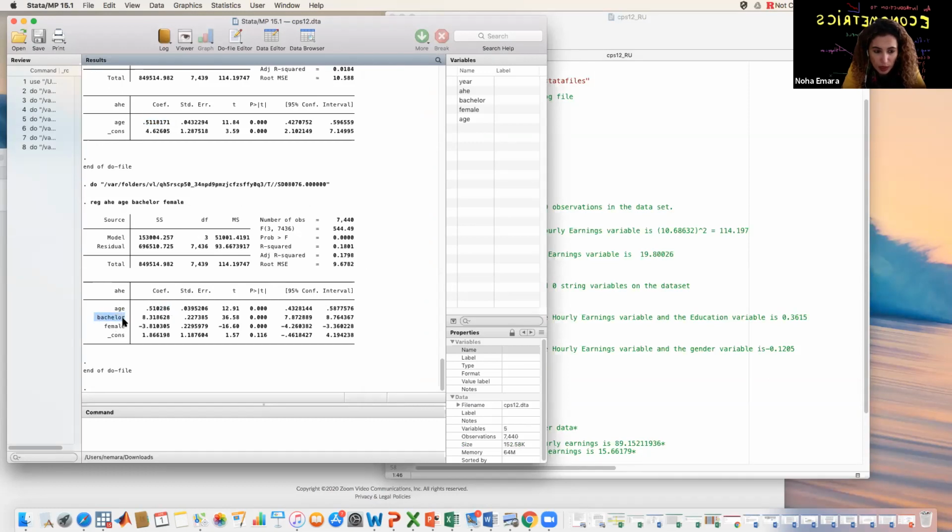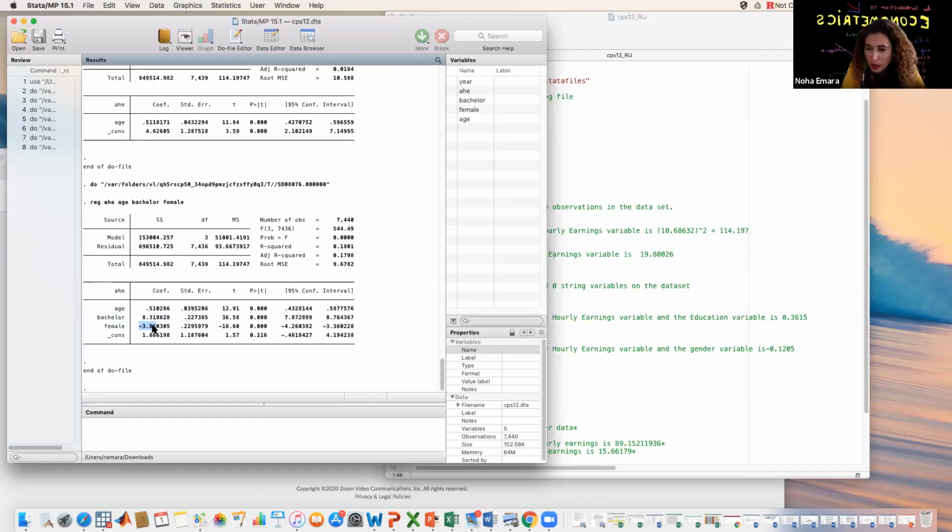Also, how can I analyze bachelor? Bachelor is basically telling me that a person with a bachelor degree would see earning increase by about $8.32 an hour. For a female worker in the sample, the average hourly earning drops by $3.81 an hour. The comparison here is between male and female.